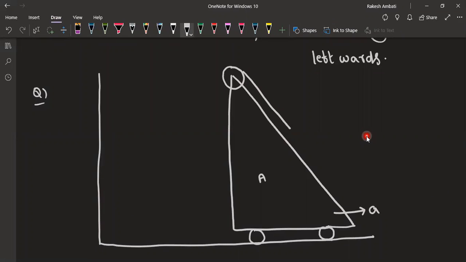It is connected to a block. Now block B is in contact with the wedge.